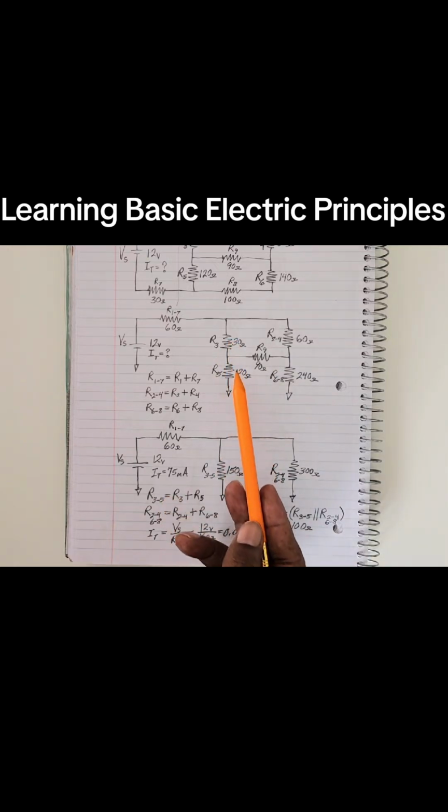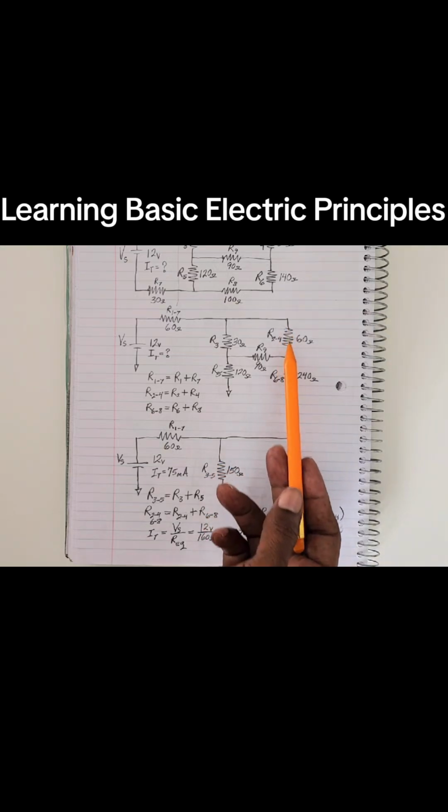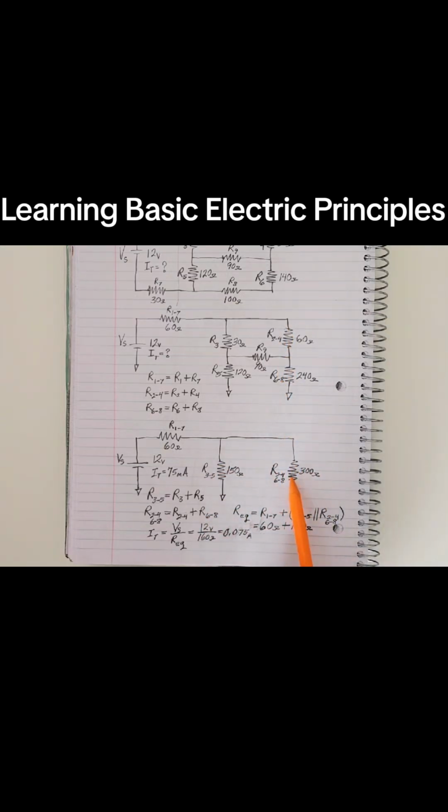just a simple matter of adding these two together to get 150, and adding these two together to get 300, and these two are in parallel, which is what I'm saying here. This is in parallel with this. So these two resistors in parallel end up being 100 ohms.